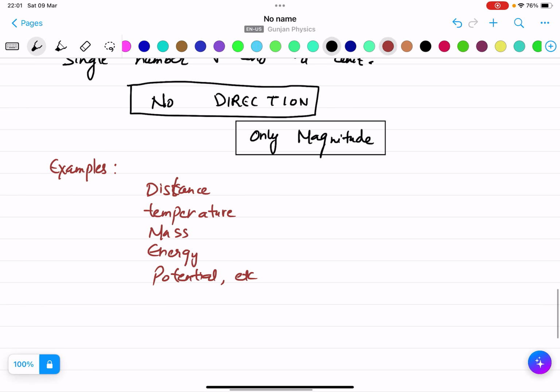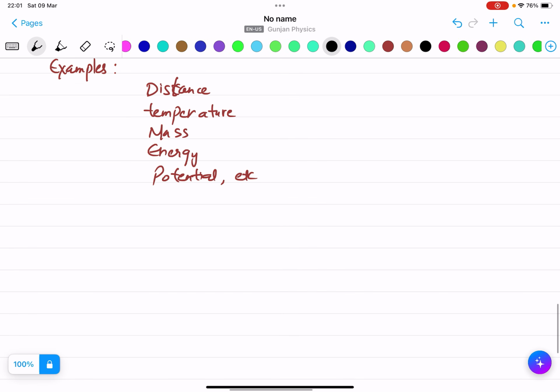Now we will speak about the vector. What is a vector quantity? A vector quantity is a quantity having a magnitude and direction.